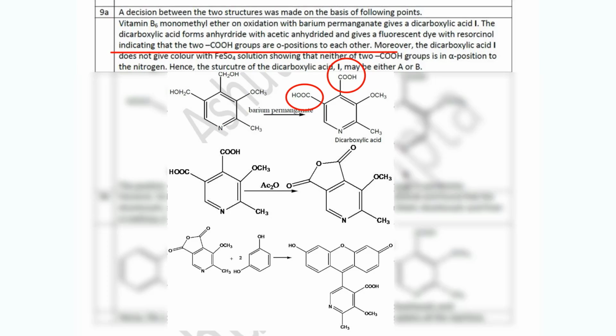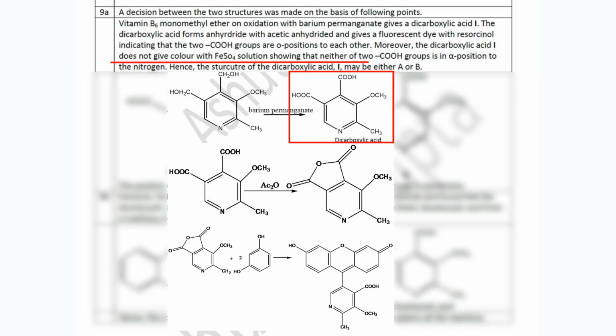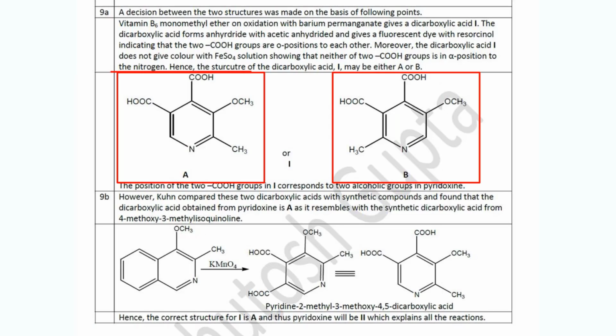Moreover, the dicarboxylic acid does not give color with ferrous sulfate solution, showing that neither of the 2 COOH groups is in alpha position to the nitrogen. Hence, the structure of the dicarboxylic acid may be either A or B.